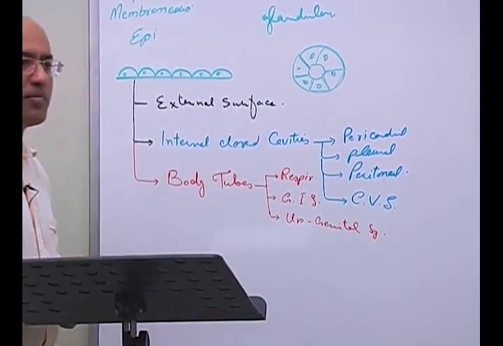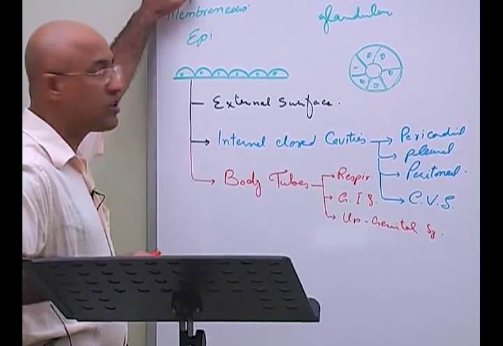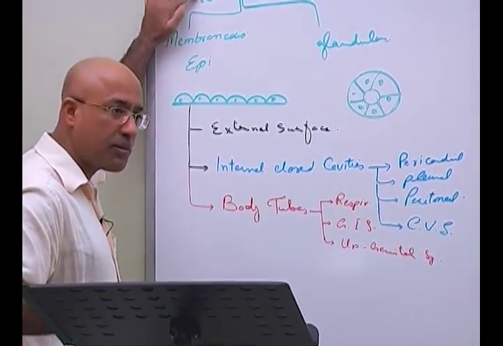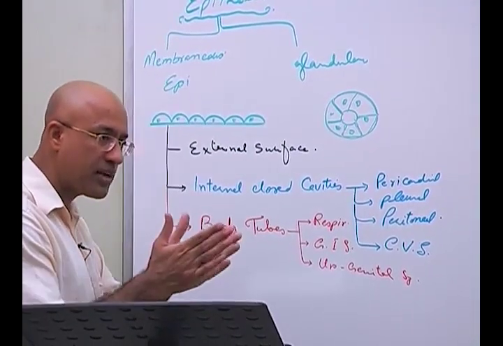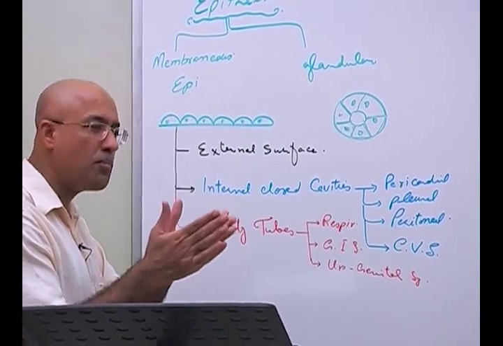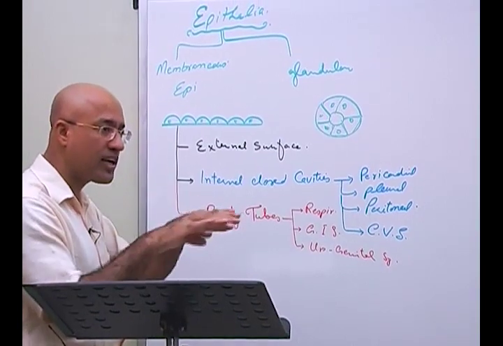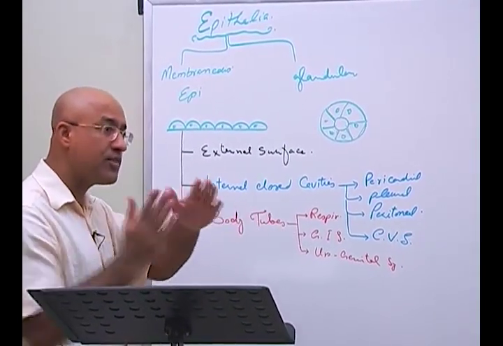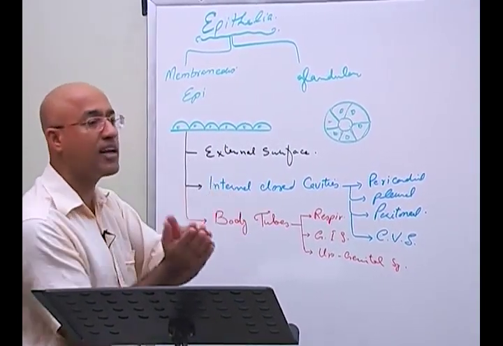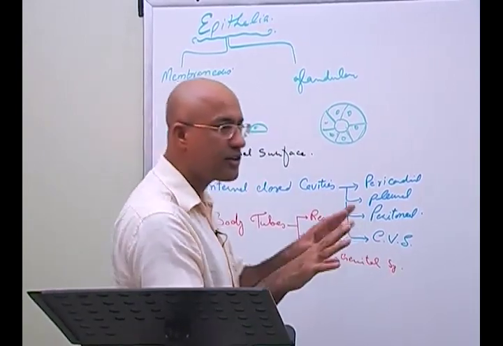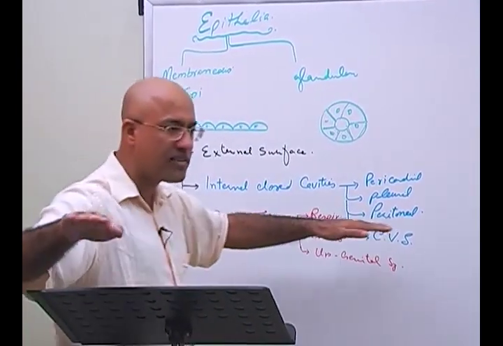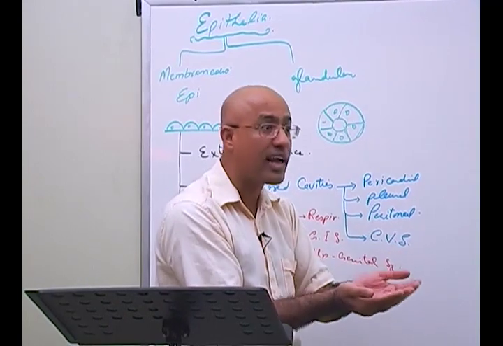So let me repeat it. What is epithelium? Epithelium is a special type of tissue in which cells are very much in proximity with each other. There is not much material in between the cells, right? And epithelial tissue rests on the basement membrane which separates the epithelial tissue from the underlying connective tissue. Epithelial tissue can be arranged as membranes or can be arranged as glands.